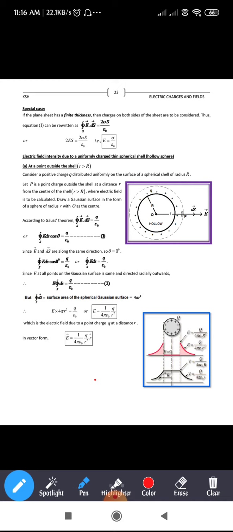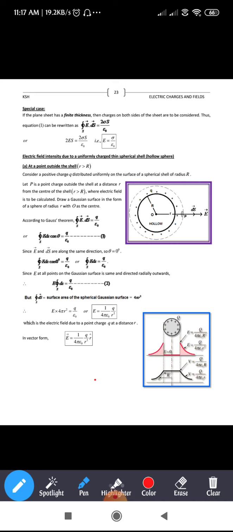At the point P itself, we draw a Gaussian surface, as you can see in the figure, the dotted line. The spherical shell given in dotted line is the Gaussian spherical surface taken at point P. Let small r be the radius of that Gaussian surface. Hence small r is greater than capital R.